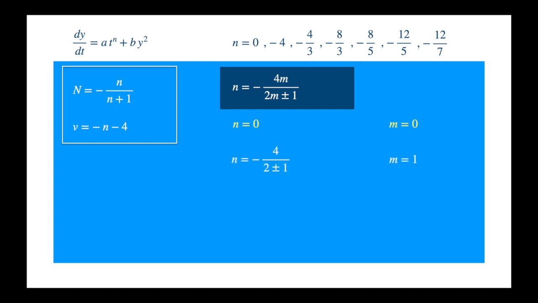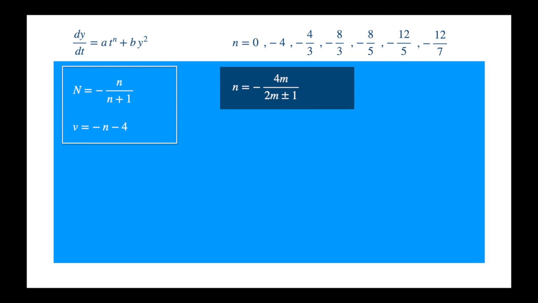And if you evaluate it with minus and then plus, you get this pair, which is what we have at the top right. Next, substitute m equal to 2 and you get this expression, which you can evaluate for minus and plus, and you will get the next two terms. So the symbolic representation is correct.